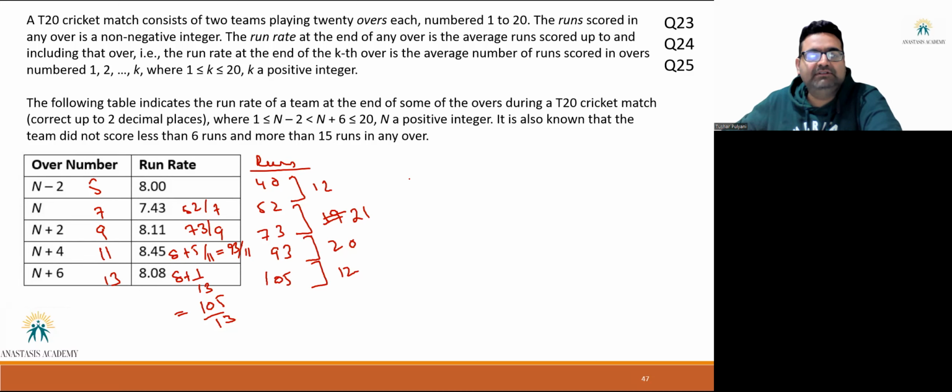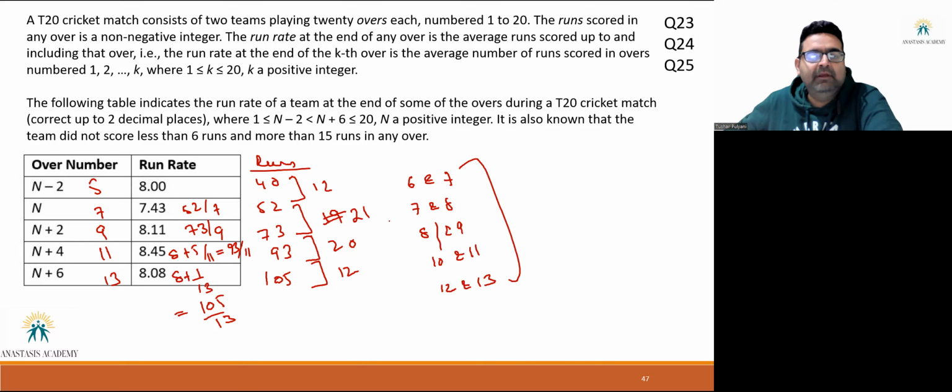So this is over 6 and 7, right? After 5 overs. Then 7 and 8 and so on. So 6, 7, 7, 8, 8, 9, 10, 11 and 12, 13. These are the 5 combinations given to us.